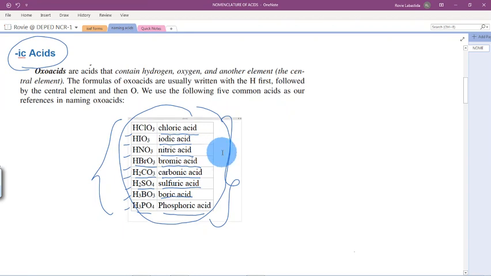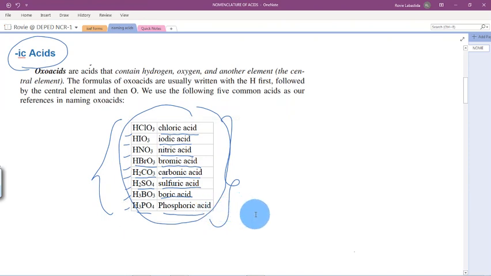So again, so that you can memorize: chloric acid, HClO3; iodic acid, HIO3; nitric acid, HNO3; bromic acid, HBrO3; carbonic acid, H2CO3; sulfuric acid, H2SO4; boric acid, H3BO3; and phosphoric acid, H3PO4.